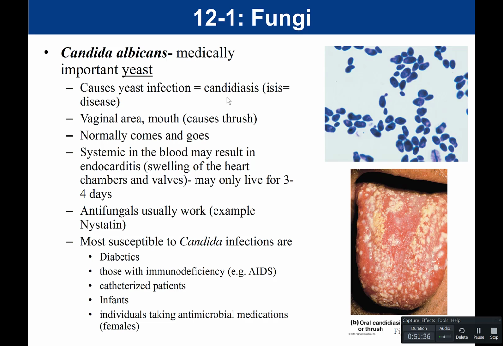So if it becomes systemic and goes through the blood, that can be very fatal for patients. You want to know which group of individuals are susceptible for Candida albicans infections. Again, some people you'll hear called Candida albicans. It totally depends on who you hear talk about it. But you want to know which group of patients are most at risk for this type of yeast infection.